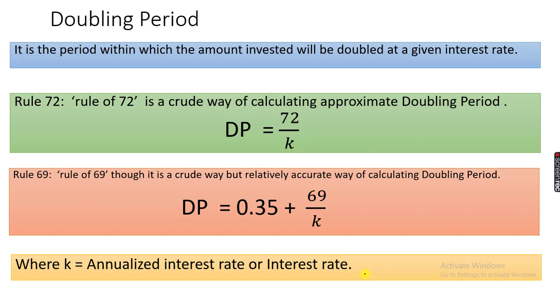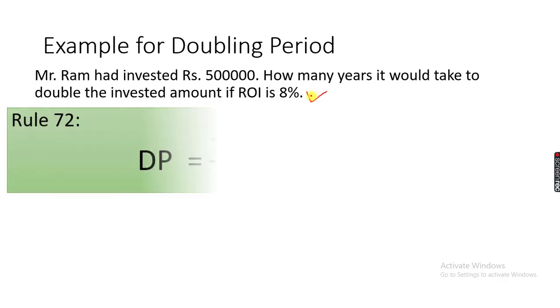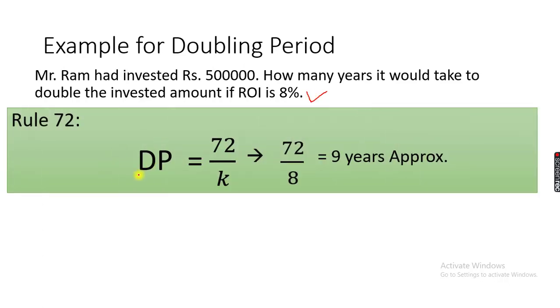Let us look at a numerical example in this case. Mr. Ram has invested rupees 5 lakhs. We are required to find out how many years it would take to double the invested amount if the return on investment or rate of interest is 8%. Now we will be calculating doubling period using both formulas. Rule 72: DP is equal to 72 divided by k. k is the annualized rate of interest, which is 8%.